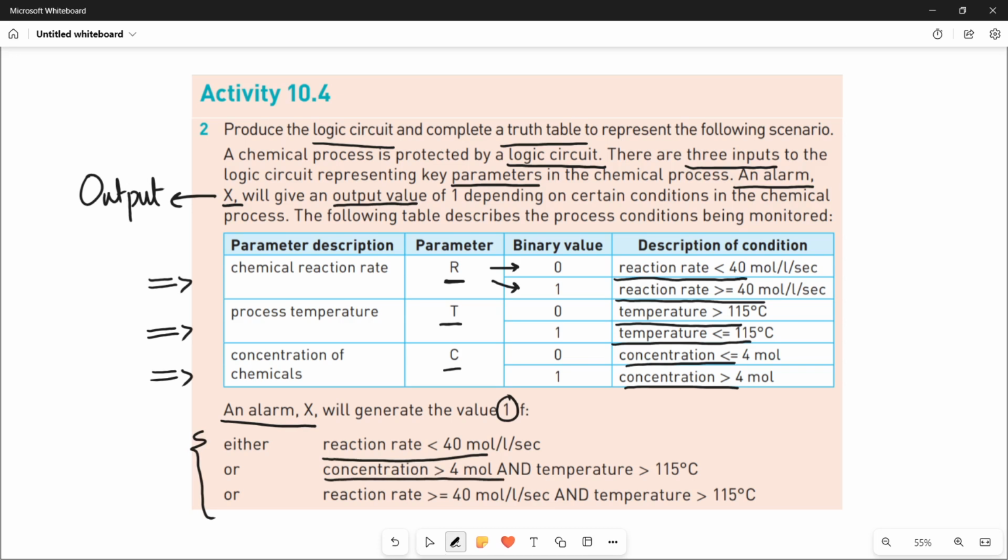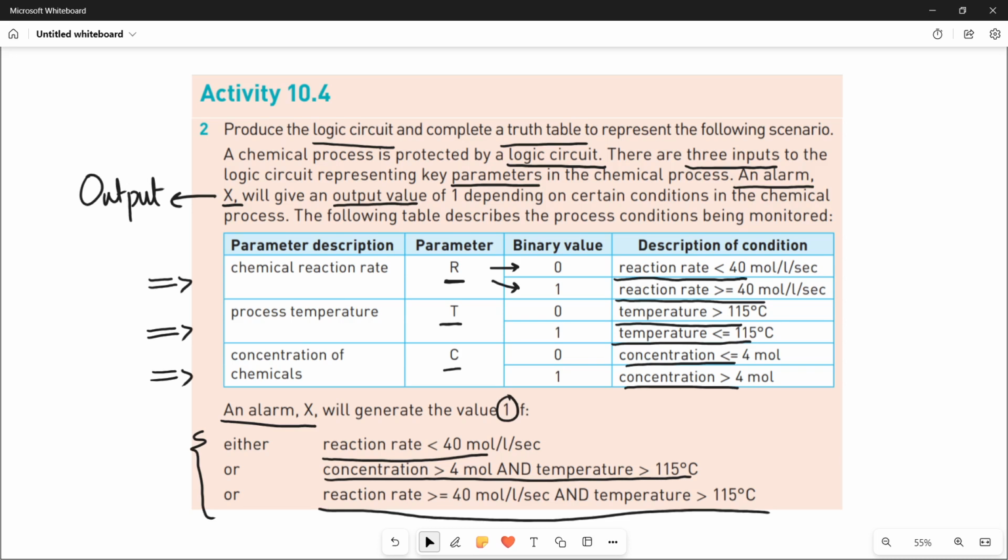If this will be 1, this whole, or the third condition is if reaction rate is greater than or equal to 40 and temperature is greater than 115. So you can see that there are three different conditions. If any one of these conditions becomes 1 or true, then your output will become 1.